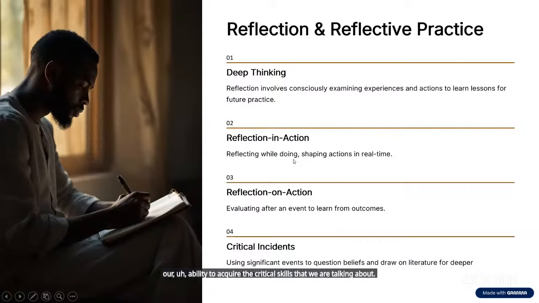Again, when we look at reflection and reflective practice, okay, one, deep thinking. Deep thinking involves consciously examining experiences and actions to learn lessons for future practice. Because without this reflection, this conscious examination of our experiences and actions, we cannot learn lessons for future practice.